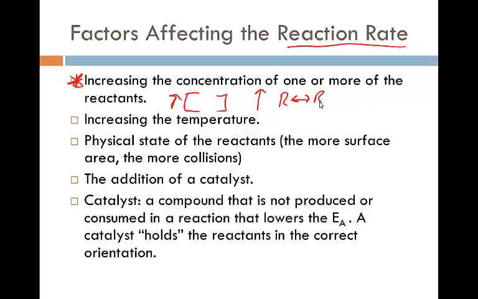I want to be specific here that this does not increase the rate at which collisions make products. It simply increases the amount of collisions. And you can think about it as, if there are simply more collisions, there's going to be more reactions.